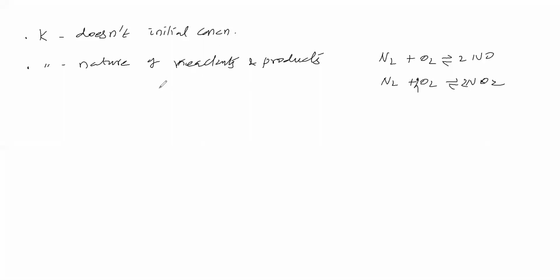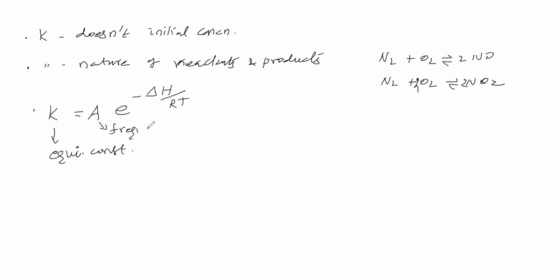That we will see. For that, the relation given is equilibrium constant K is equal to some constant A into e power minus delta H by RT. This K is called equilibrium constant. This A is called frequency factor.